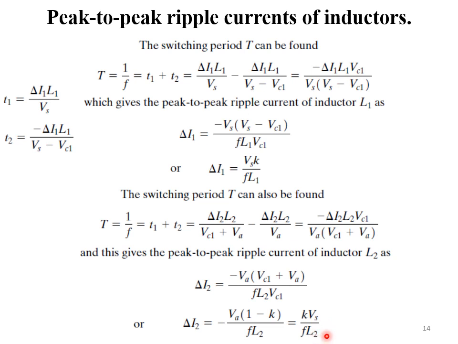We have substituted the known parameters for VA into 1 minus K as K into Vs. So this is how we get the expressions for delta I1 and delta I2.